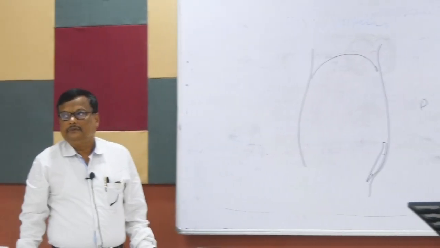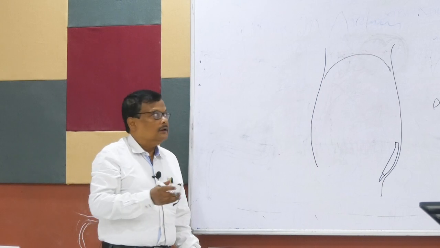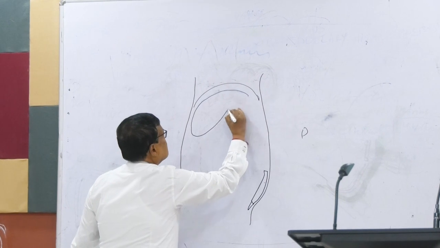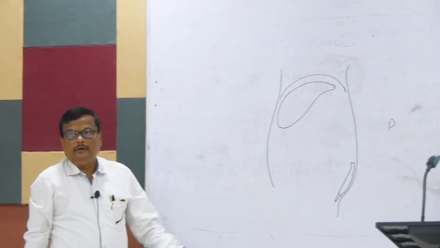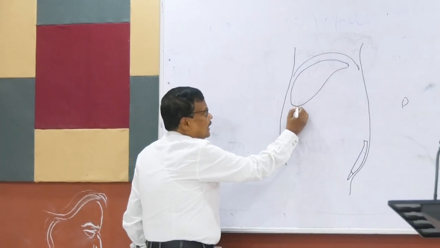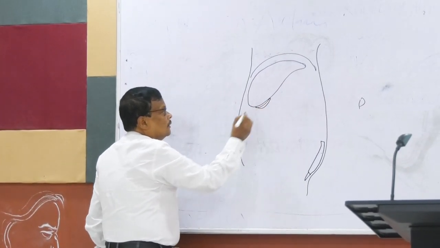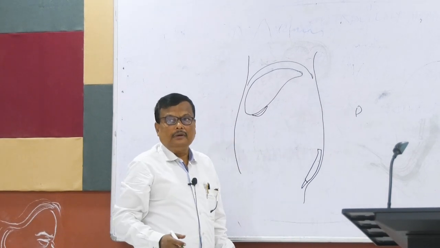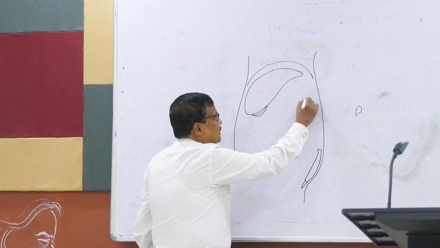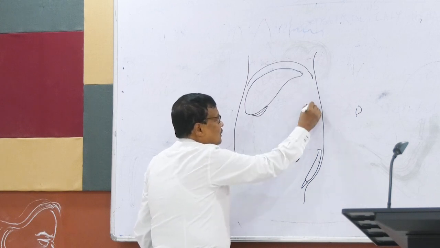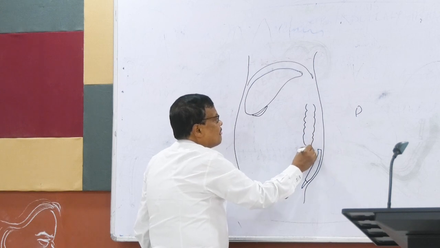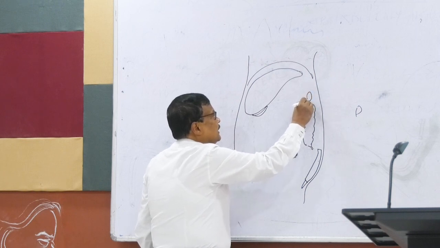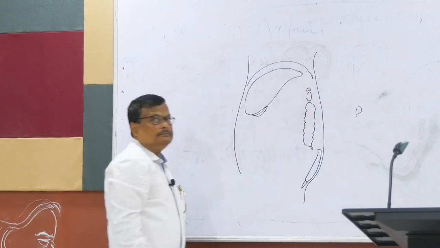The liver is cut in this fashion. This is the liver, and underlying it, this is the gallbladder. When you view this in sagittal section, on the right side there is the transverse colon, and above it, there is a kidney and suprarenal gland.